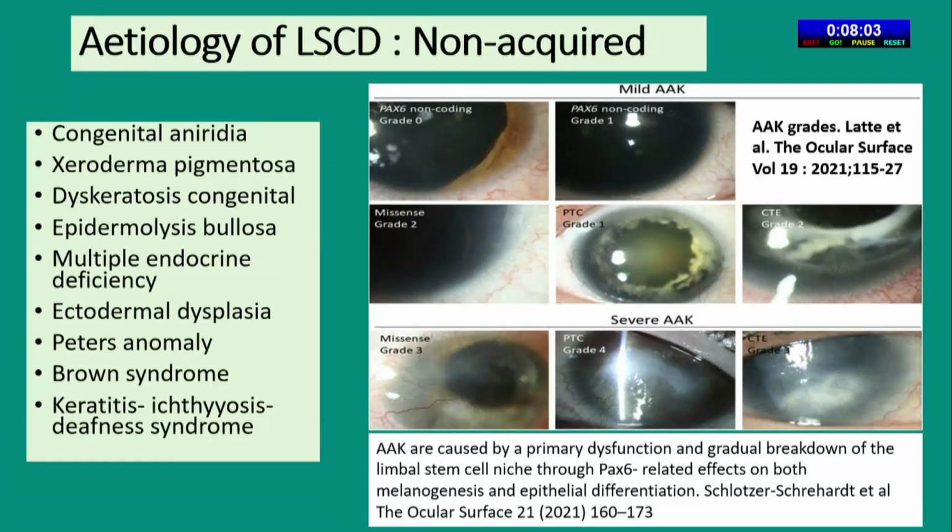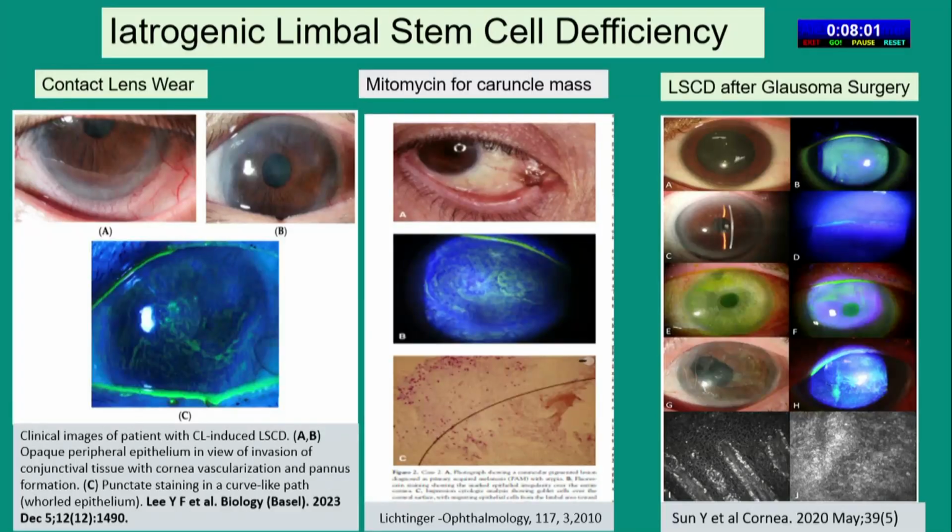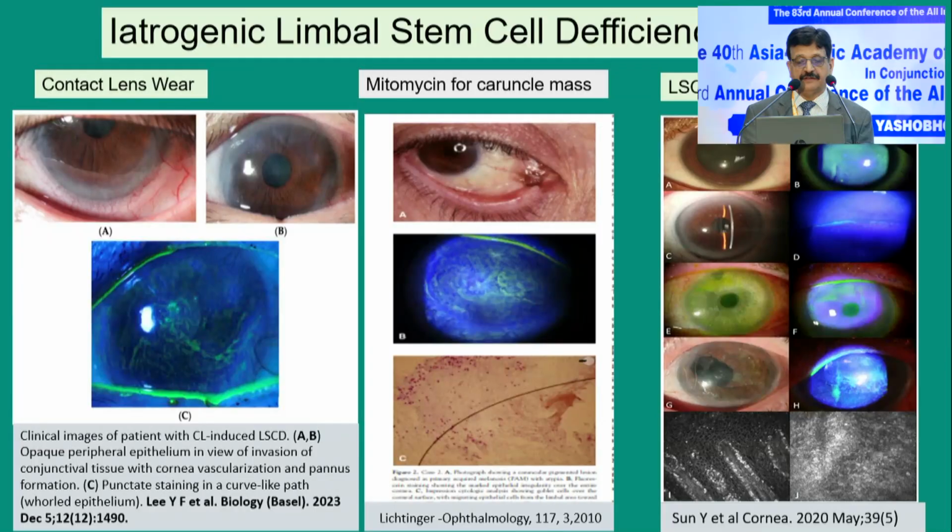Iatrogenic stem cell deficiency is an important group, and we should make all efforts to avoid it. We can have it following contact lens wear, following mitomycin C, after glaucoma surgery, or after multiple surgeries in the limbus area.